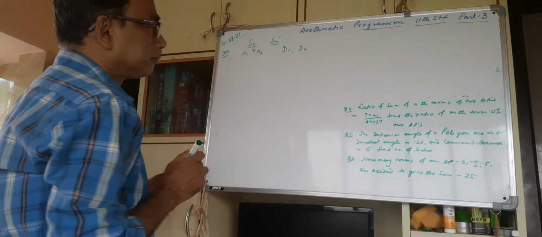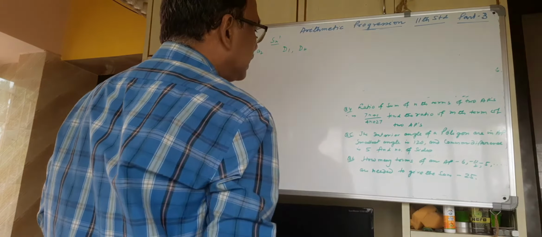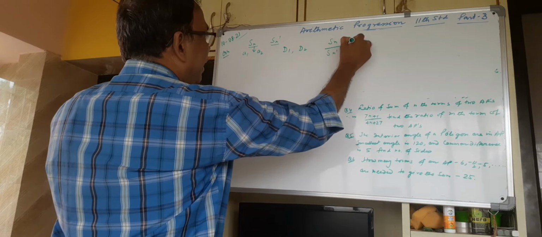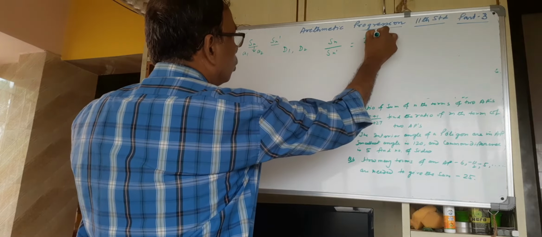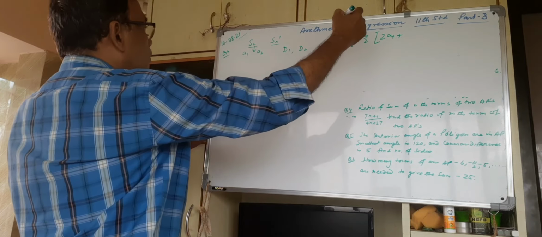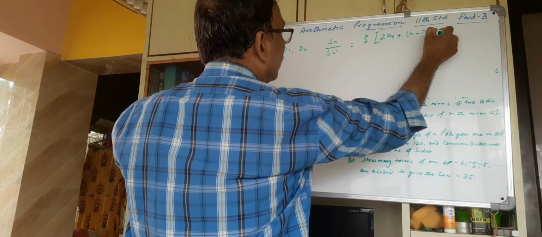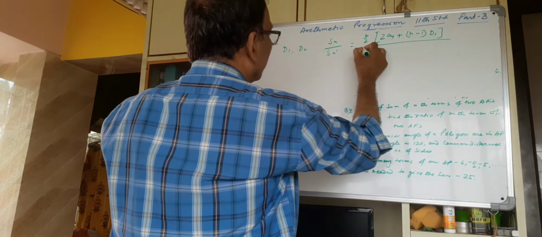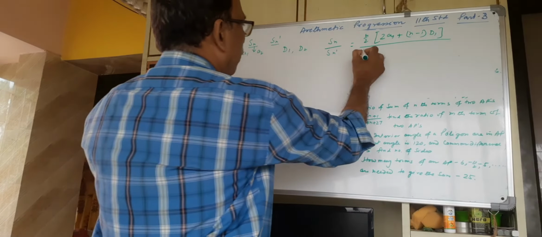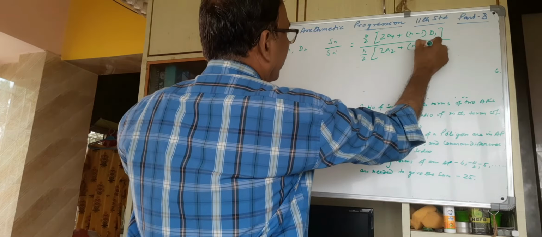Now, what is the ratio of the sum of n terms of the two AP series? Sn by Sn dash equals n by 2 into 2a1 plus n minus 1 into d1, by n by 2 into 2a2 plus n minus 1 into d2.